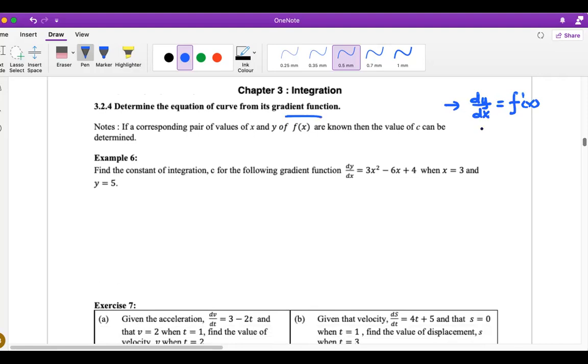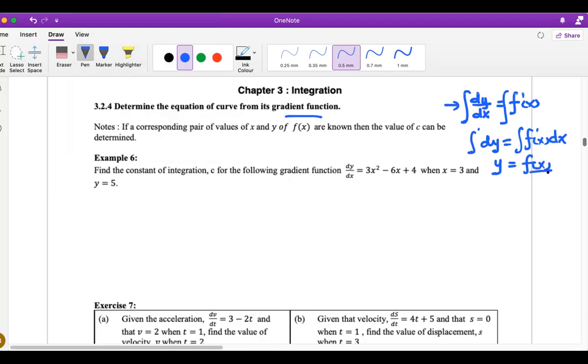So if I integrate both sides, I will get dy equals f prime x dx. Sorry, this is dx. So I will get y equals f(x).